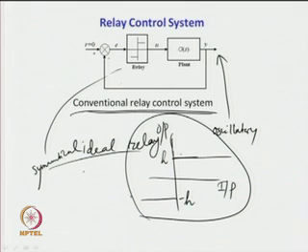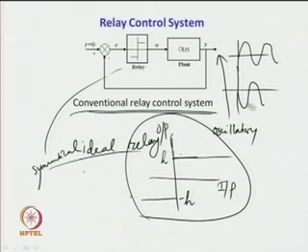The output of this scheme is sustained oscillatory. Corresponding to that, the input E will be negative of that. Sorry, it is not to the scale. So, this will be the input, and corresponding to this what type of relay output we will get?